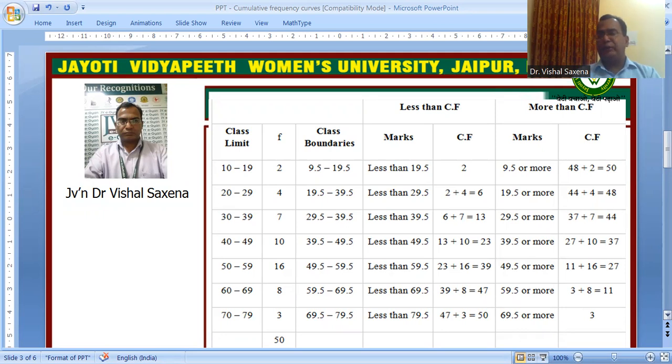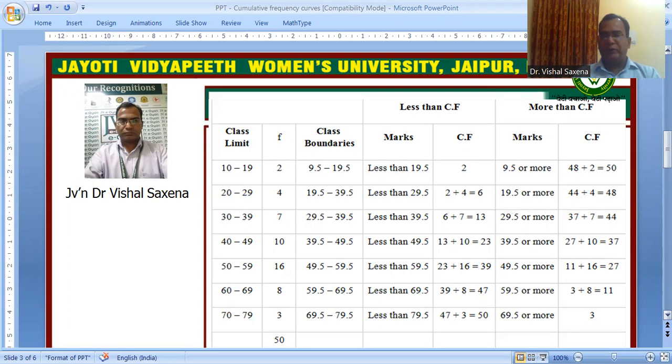These coordinates will be marked on this graph for the XY system. Along the x-axis we are taking the marks, and along the y-axis we are taking the cumulative frequencies.